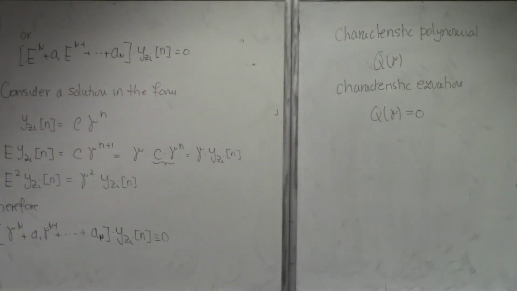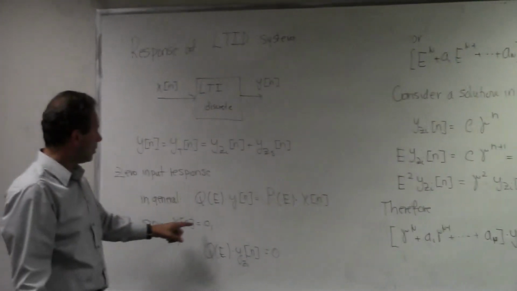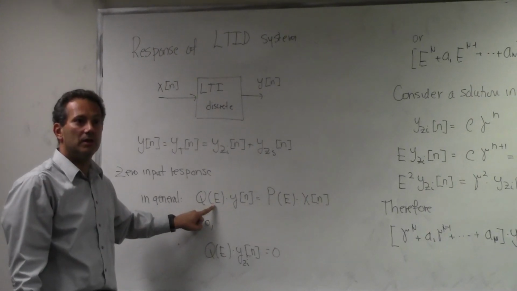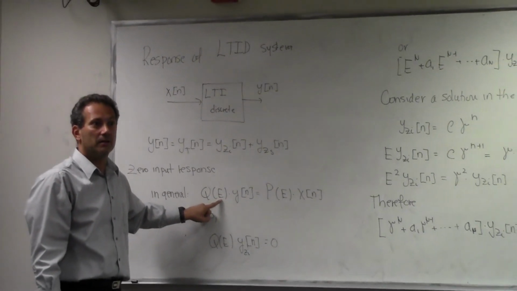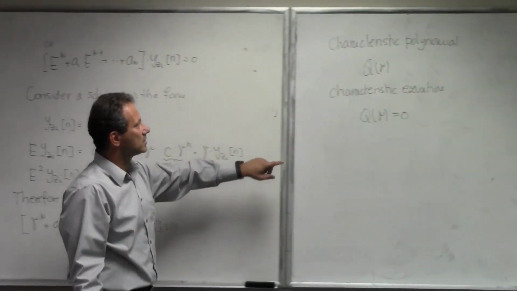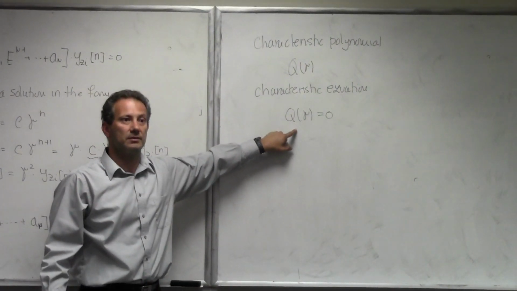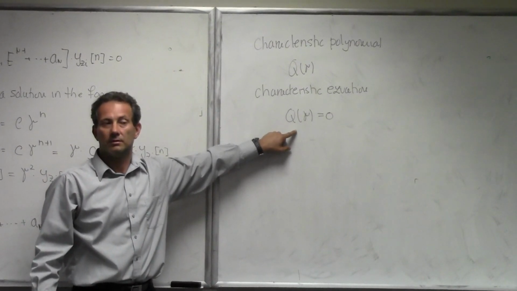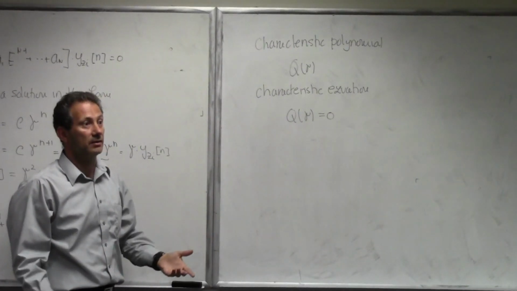Now, if the order of this polynomial Q of gamma, which we know is n, how many different gammas can I find to satisfy this? Exactly n, right?